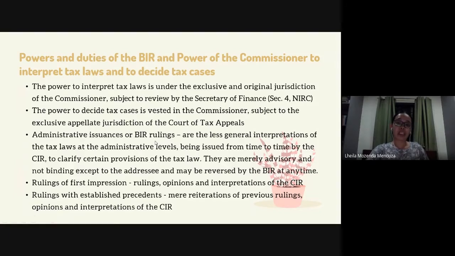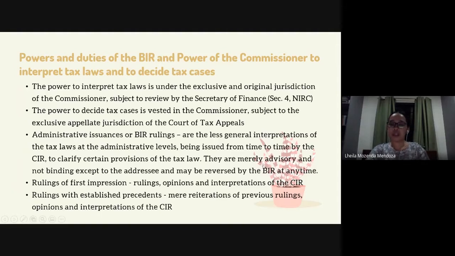These are the less general interpretations of the tax laws at the administrative level, being issued from time to time by the CIR to clarify certain provisions of tax laws, and they are merely advisory and not binding, except to the addressee, and may be reversed by the BIR anytime.